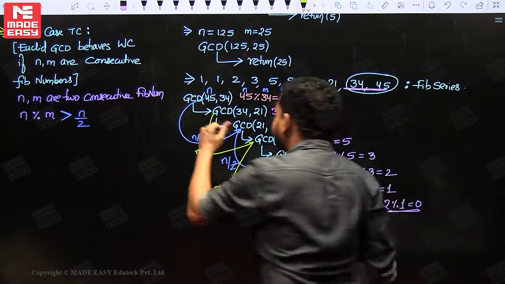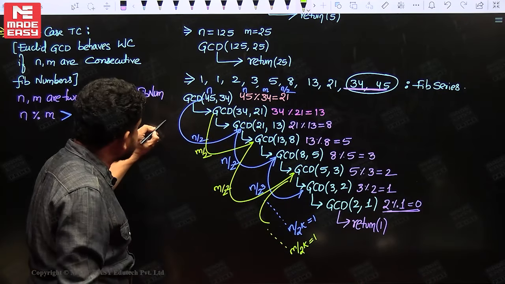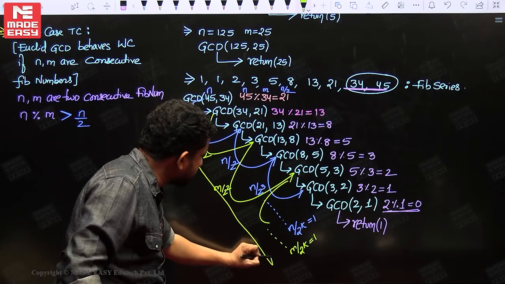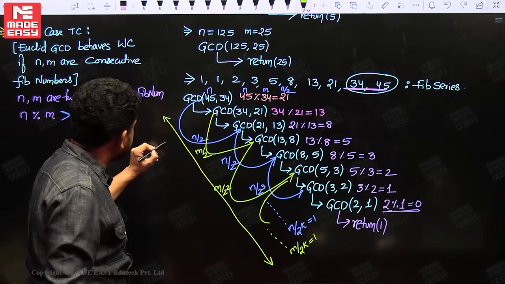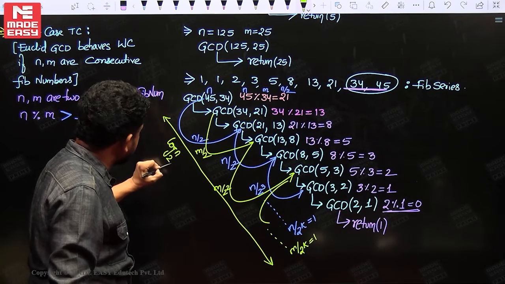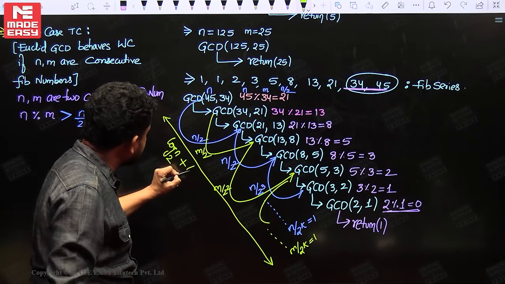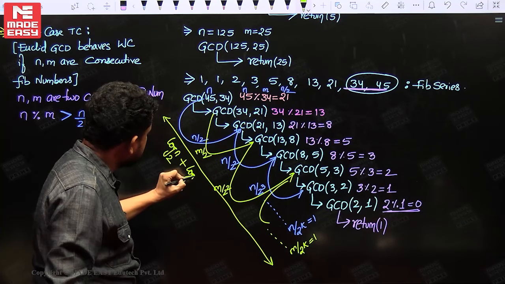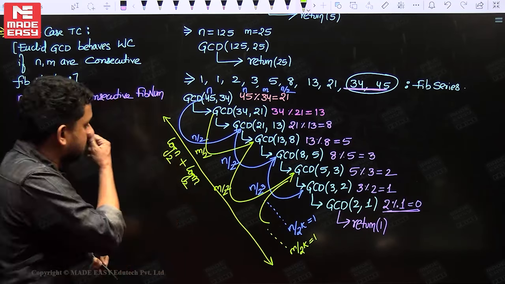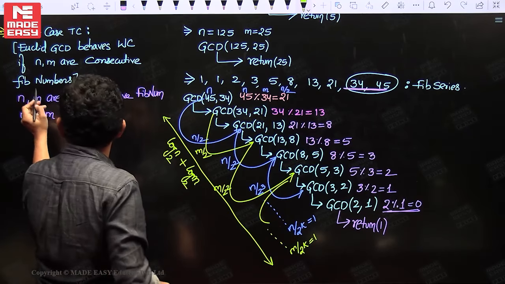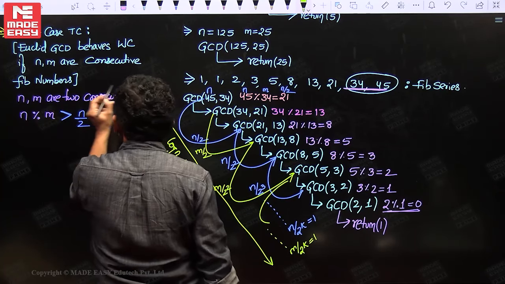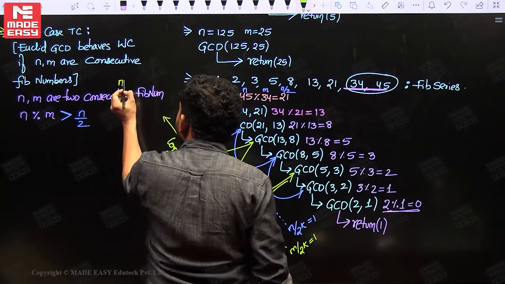So the total depth of recursion, or number of function calls, is close to log n base 2 function calls plus log m base 2 function calls. But we know that n is greater than or equal to m.